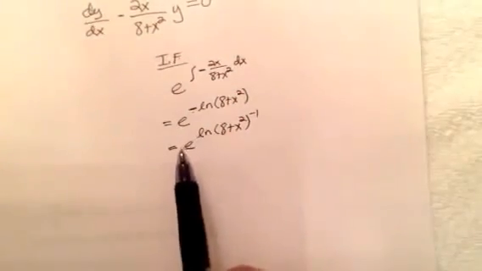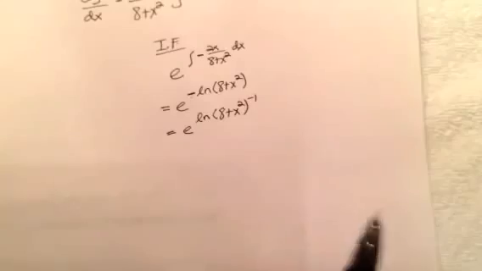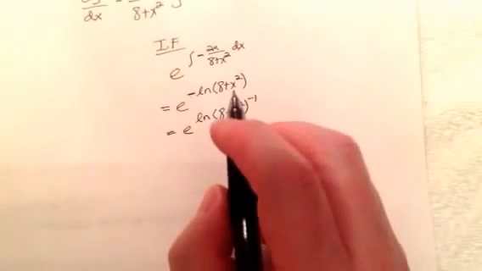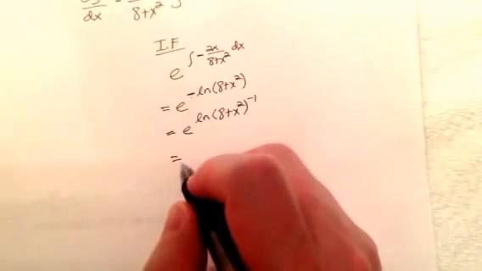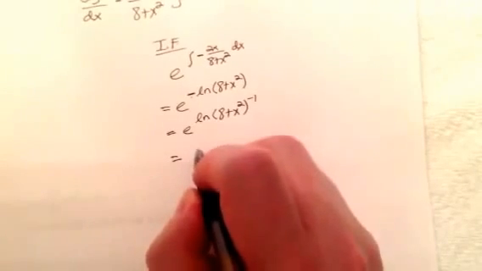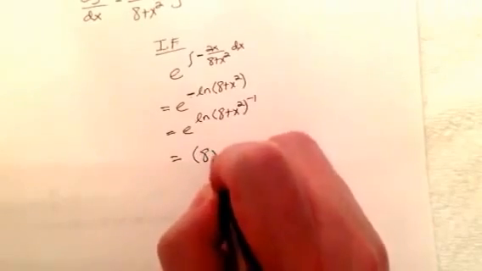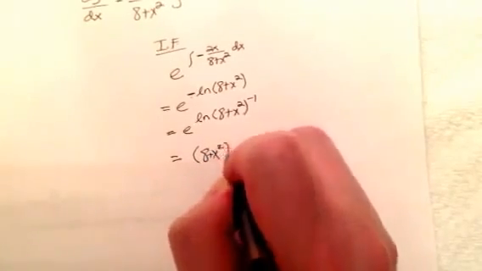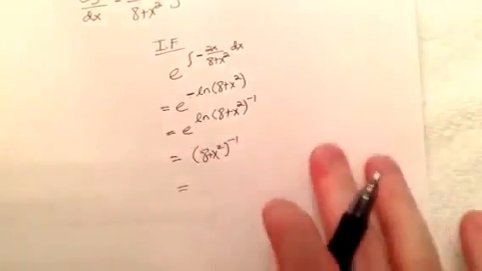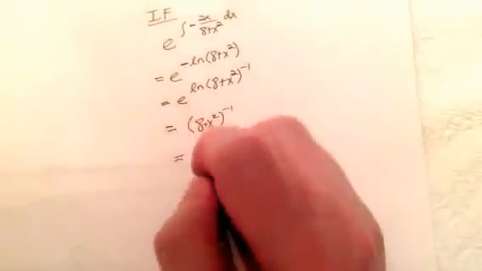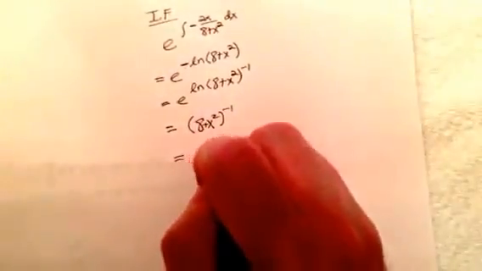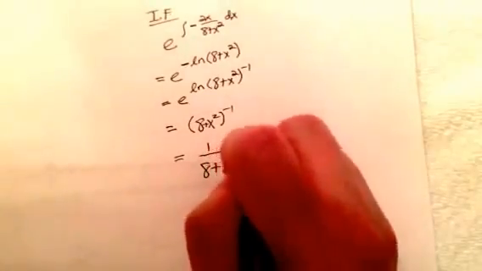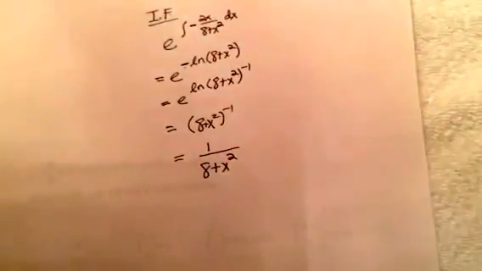Now e and the natural logarithm cancel each other out, and we can say the integrating factor is 8 plus x squared to the negative 1, or in this particular case, 1 over 8 plus x squared.